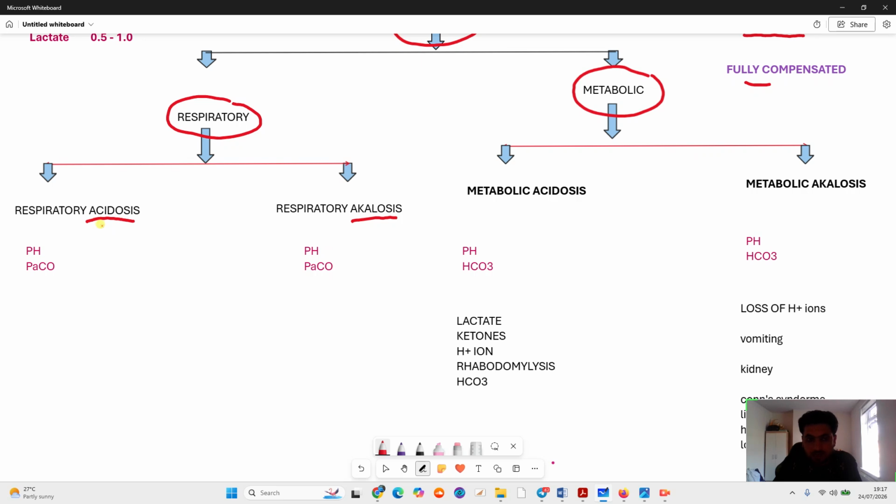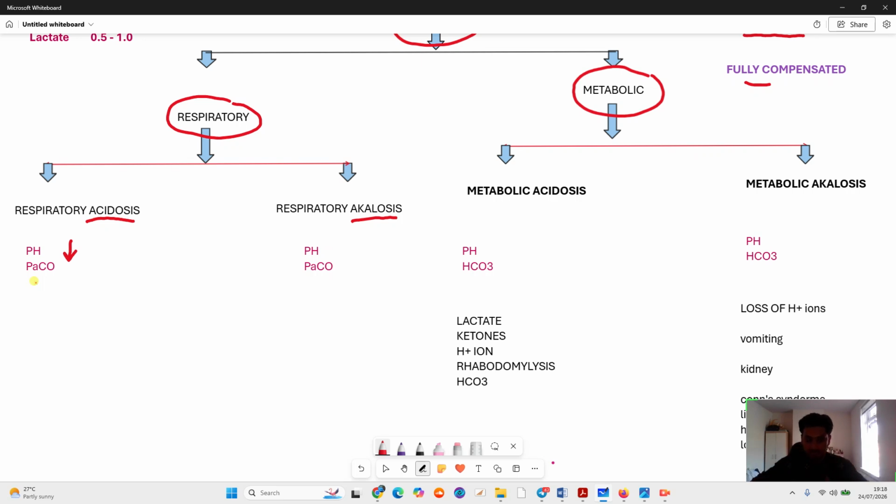How will we approach it? As I described, in acidosis the pH will be decreased. So the pH is decreased. What other parameter will change in respiratory acidosis? Look at the partial pressure of carbon dioxide. We know that if the carbon dioxide level is going up in our blood, the pH will be going down and the condition will be acidosis.